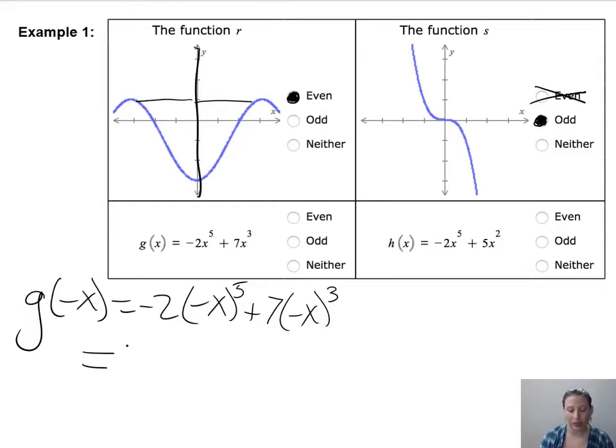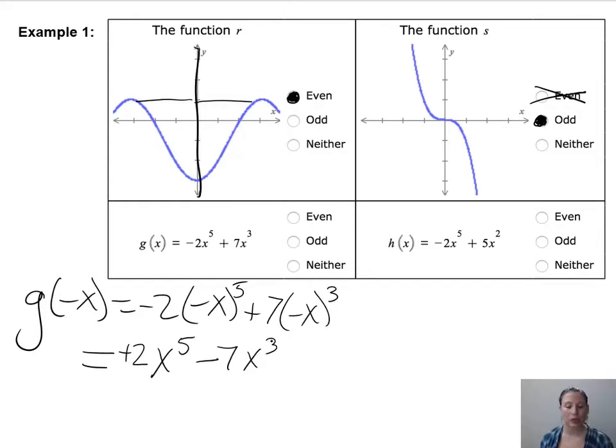So that turns into a positive 2. Then we don't need the parenthesis anymore, so then just x to the 5th. Now, the same thing happens on the 3. So positive 7 times negative, so negative 7x cubed.